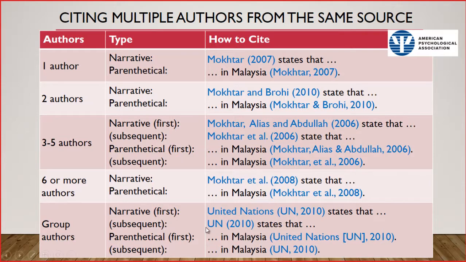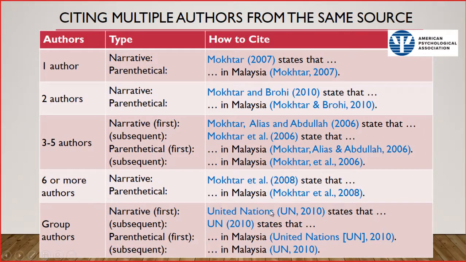Now, if you have group authors, for example, United Nations, you are referring to a report by the United Nations, and you do not know who the authors are because it just says United Nations. For the first example, narrative, the first occurrence, you write the complete United Nations, bracket UN, comma 2010, states that.